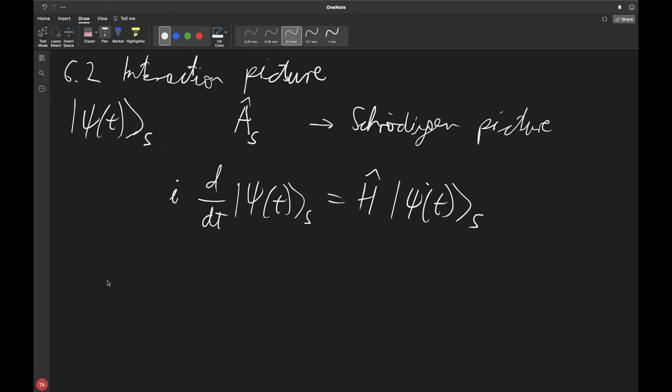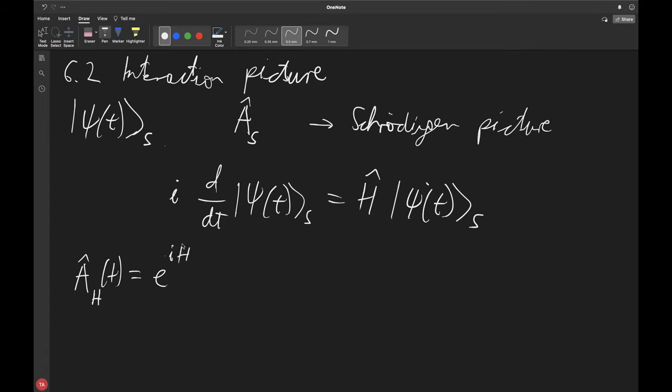We also discussed, although we didn't actually name it, that in the Heisenberg picture, the operators evolve and the states are stable. So you remember that we had this A operator, which is time dependent. Let's again, to be very obvious, put an extra H here for the Heisenberg picture. This was the U dagger A U thing, and then we also figured out that that can be described with this exponential.